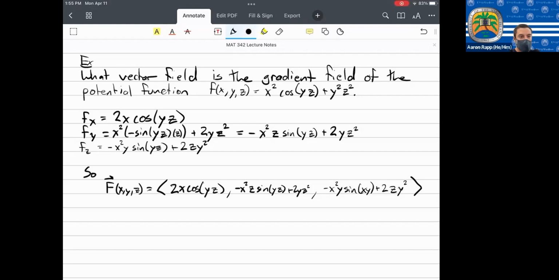Was it 2x times cosine of y times z? x times z times sine of y times z, times z squared. It's probably going to be something crazy.